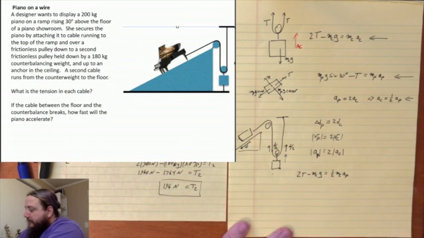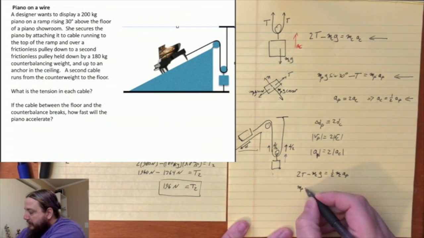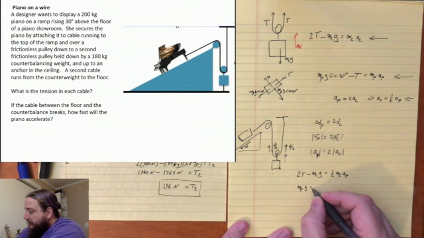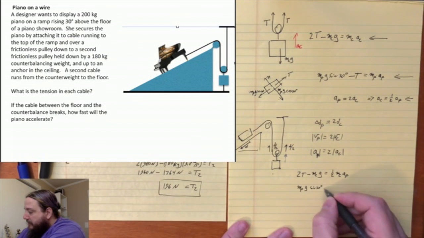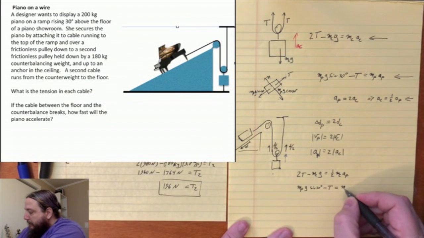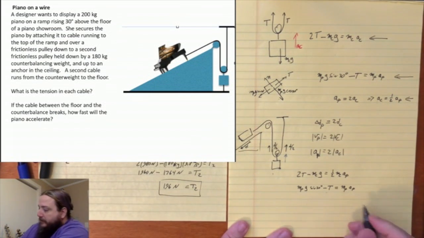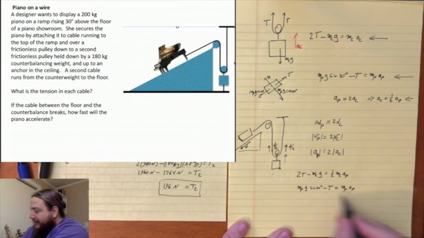And then we can take this second equation, m_P g sine of 30 degrees minus tension equals m_P times the acceleration of the piano. Let's go ahead and solve for tension here.